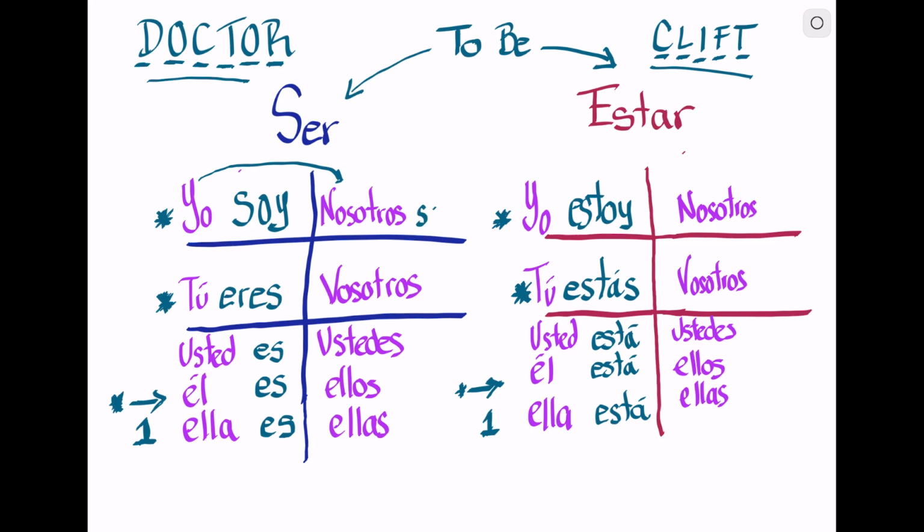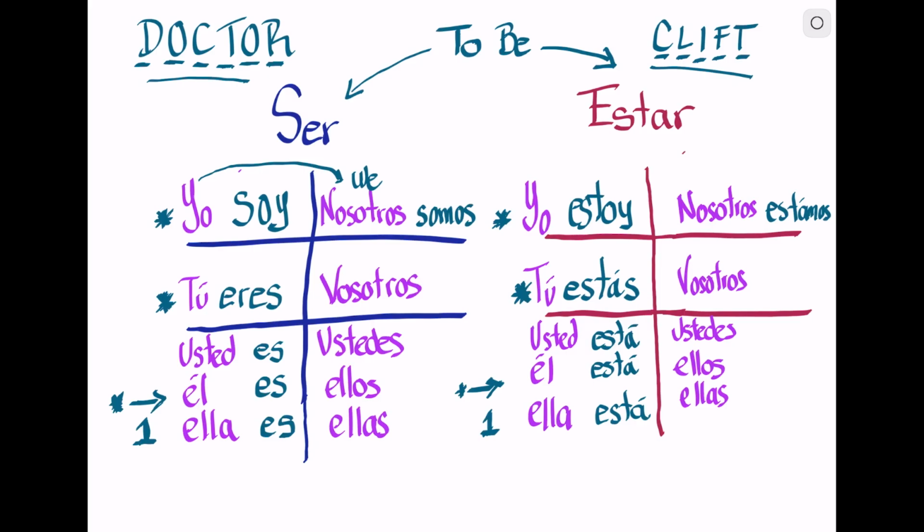So if you put more than yo, like you and more people, somebody else and I, it is nosotros somos or nosotros estamos. That was my cat. Both are we are. The one you are going to use depends on what you're saying.